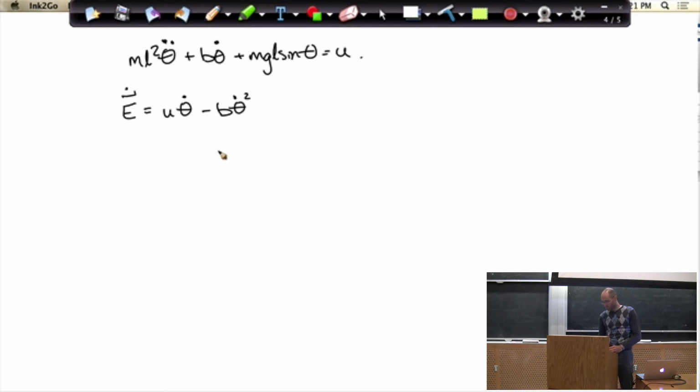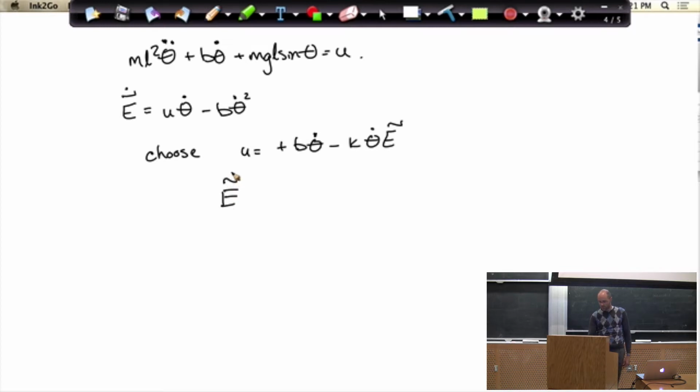And so you can choose U to be plus B theta dot minus K theta dot E tilde. That's exactly what you'd get from following the same recipe, just saying I want to make my E tilde dynamics be negative K theta dot E tilde.